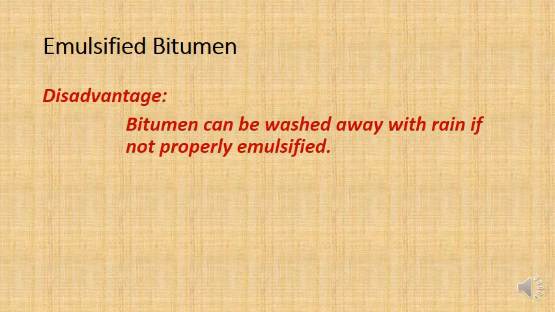Now, if you have a lot of rain, that's going to wash these bitumen bubbles away if it's not properly emulsified, if it's got too much emulsifier in it. So when you're using emulsified bitumen, you always do it on a sunny day. You don't have a problem with that in Kurdistan. You've got plenty of sunny days, but you want to keep it reasonably dry. Otherwise, all of the oil is going to float to the surface.